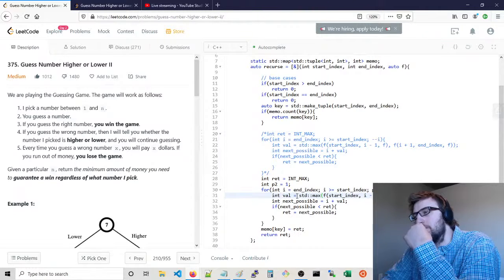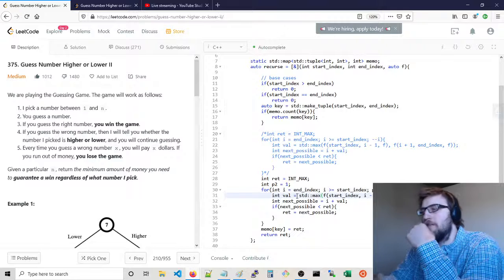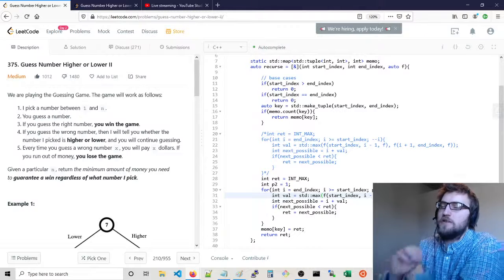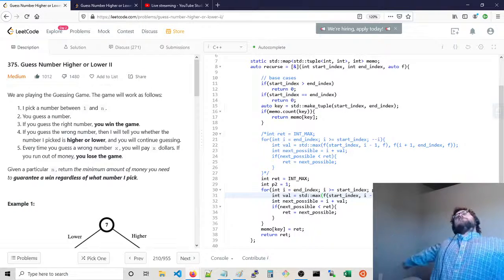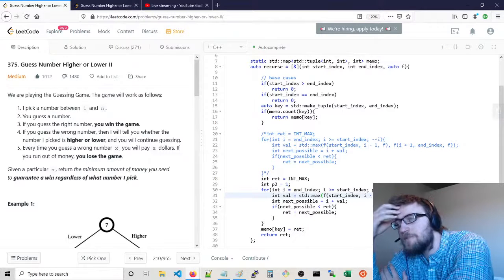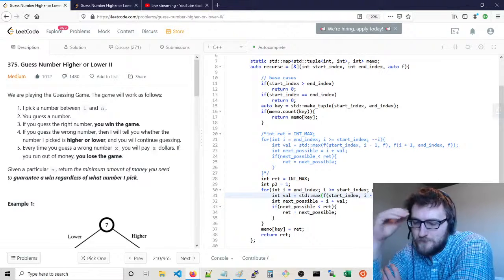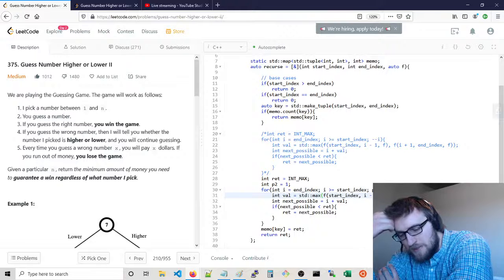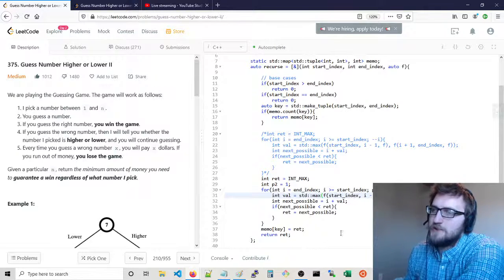But we do end up with something here. How are these numbers related to each other?